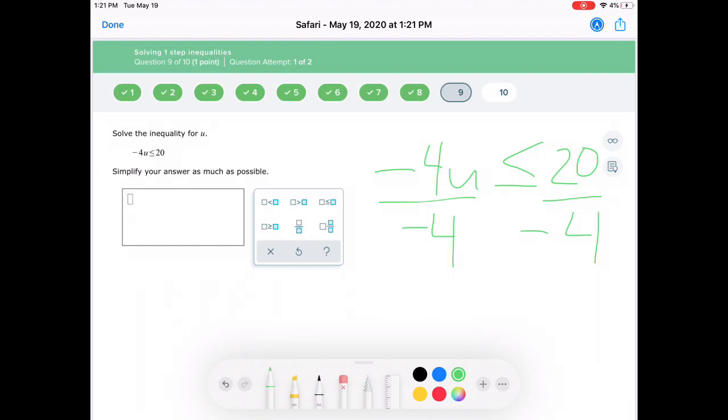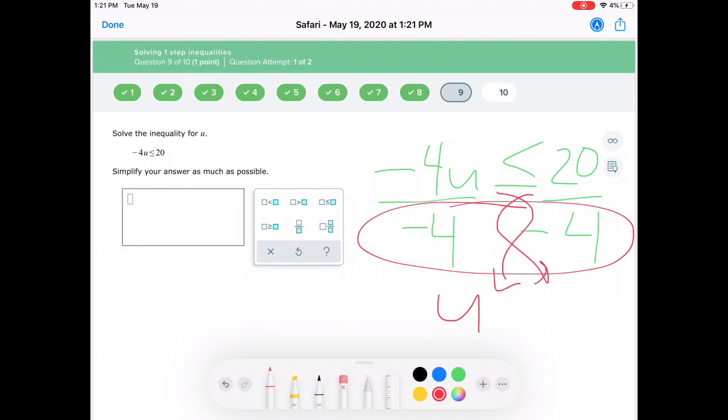And this is when you divide both sides by a negative, that's when you have to switch that inequality. So right now, it has less than or equal to, so we're going to switch that around. I'm going to do my best to draw a little twisty. So spin that around so it's greater than or equal to, and 20 divided by negative 4 is negative 5.